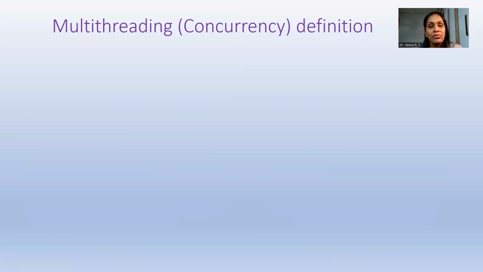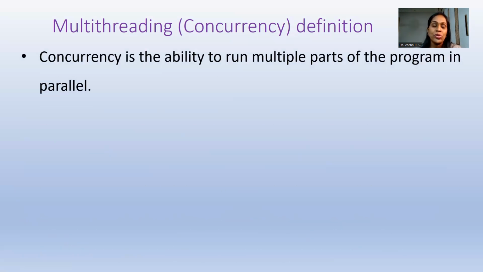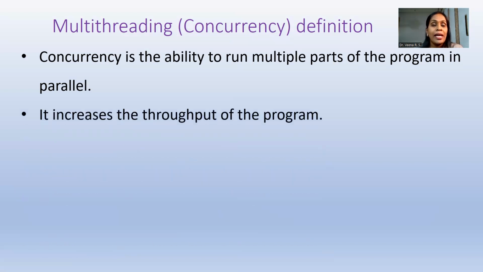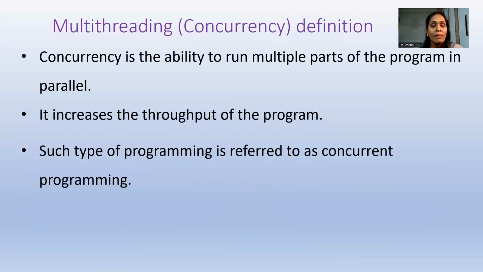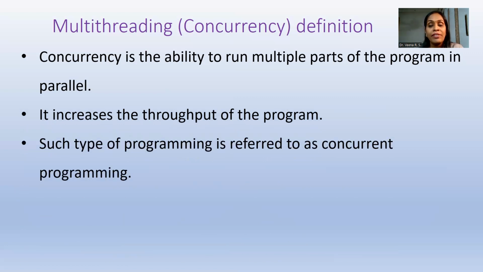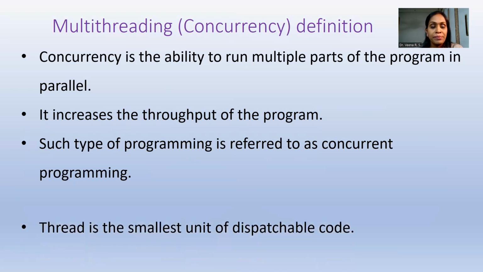So what is the definition of multi-threading or concurrency? Concurrency is the ability to run multiple parts of the program in parallel at the same time. It also increases the throughput of the program. Such programming is referred to as concurrent programming or multi-threaded programming.